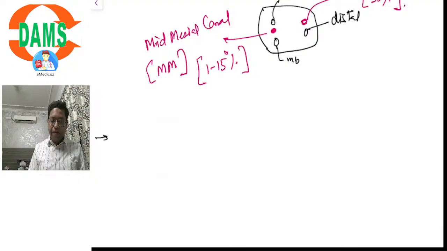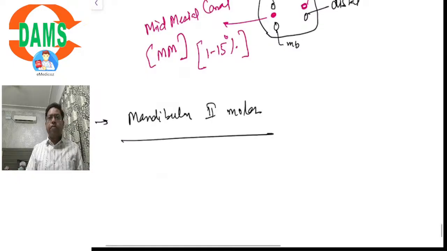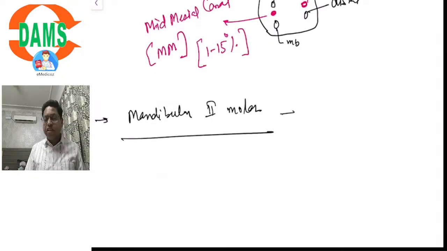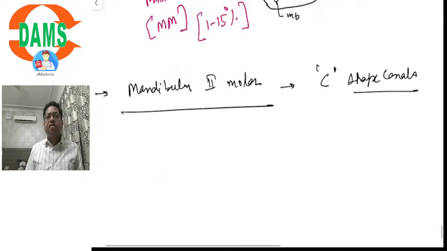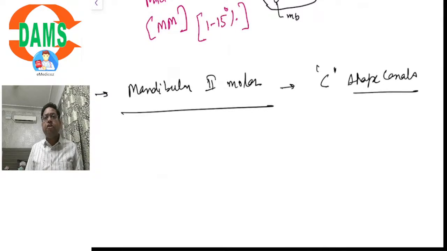The next tooth would be the mandibular second molar. This tooth has an important variation in the root canal configuration that is called C-shaped canals. C-shaped canals is the configuration of root canals seen clinically based upon the shape of the root canal orifice.